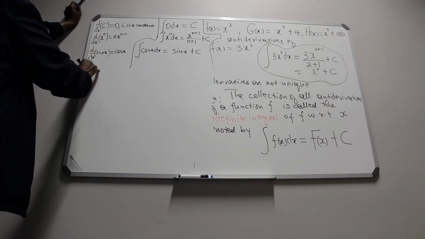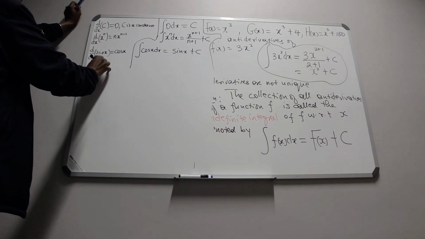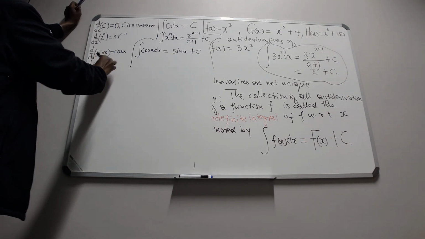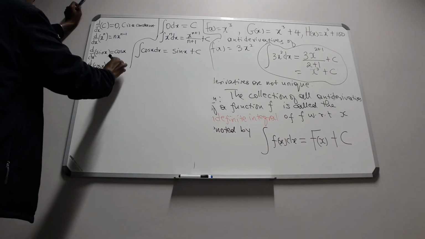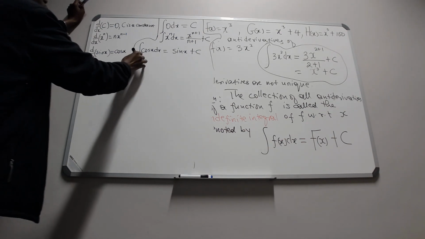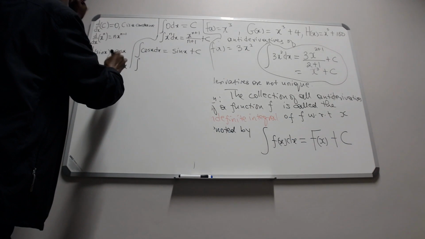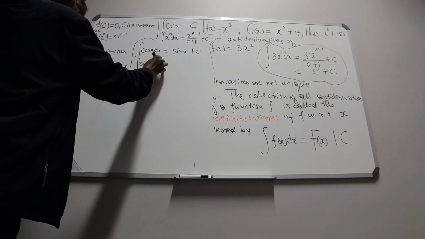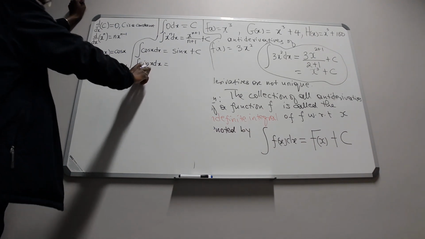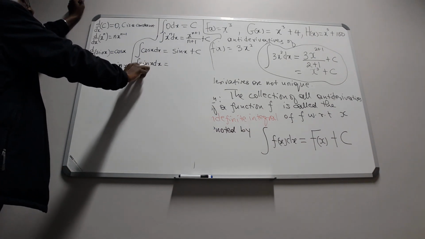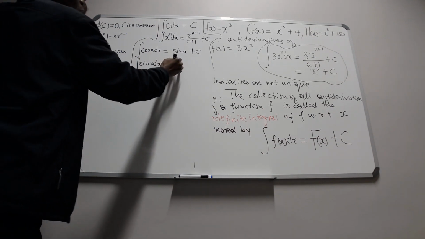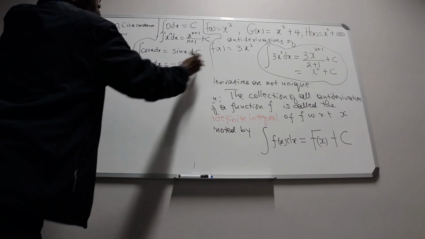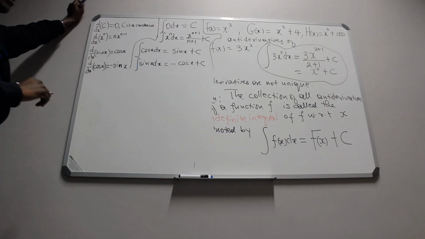And then the derivative of cosine of x is minus the sine of x. So if we have the integral of sine x dx, what did we differentiate in order to get sine x as an answer? We differentiated minus the cosine of x plus c.